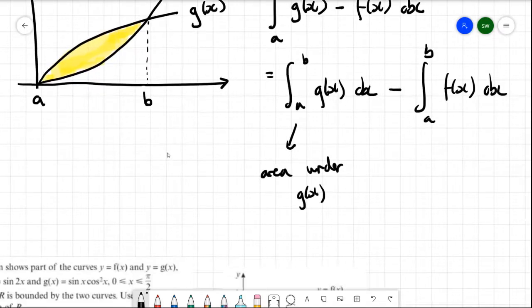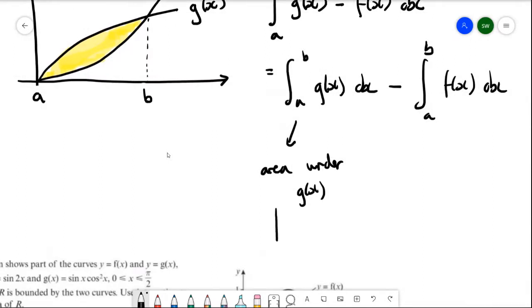So if we were to sketch that out, it would be the area like that. But we don't want this full area, so that would give you that area there underneath g. We don't want that full area.